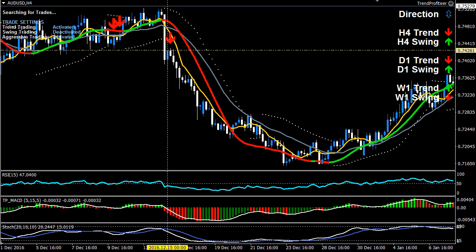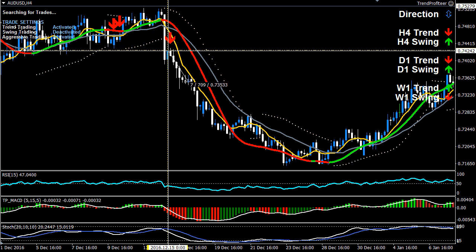But if we kept the stop at 70 pips, just about here, you can see this particular example was pretty good. It certainly didn't go against it more than a couple of pips.